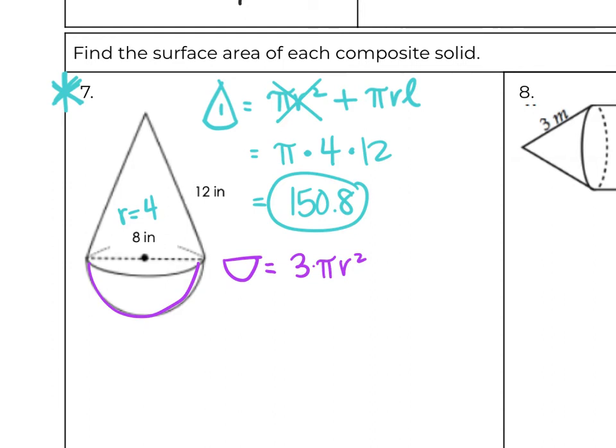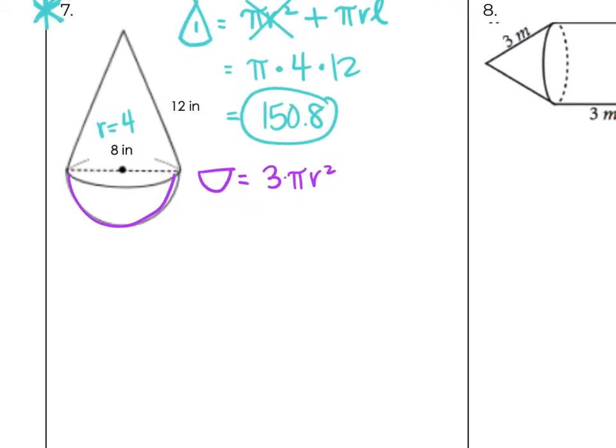So I could either do this as 2 pi r squared, or I can subtract out the circle. I don't remember what I did initially, but let's do both ways here. Let's try this first. So 3 times pi times 4 squared. 150 point what? Same as above. Okay.